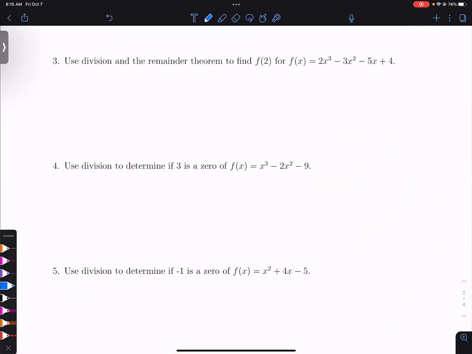Problem 3 says use division and the remainder theorem to find f of 2 for this function. Remainder theorem says that f of 2 is the same thing as the remainder after dividing by x minus 2.